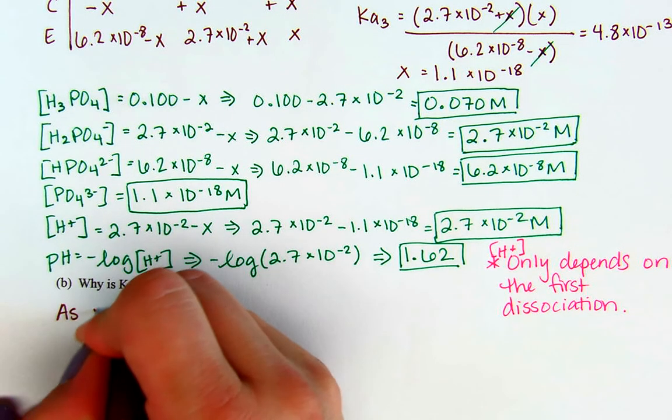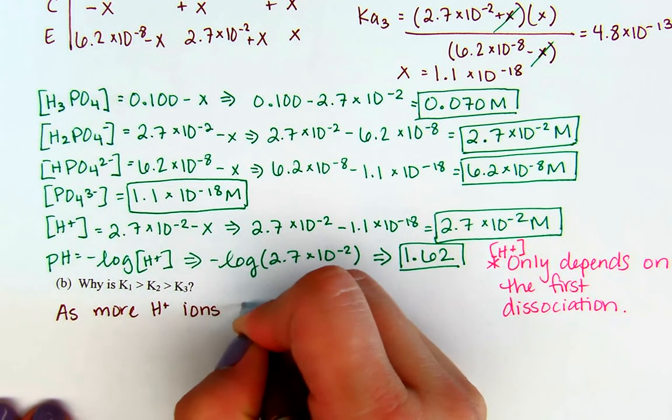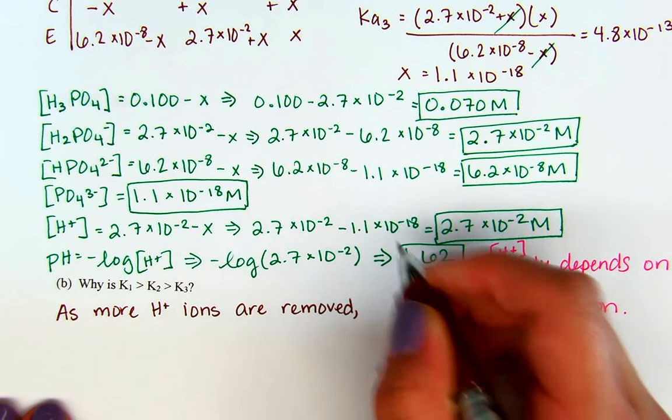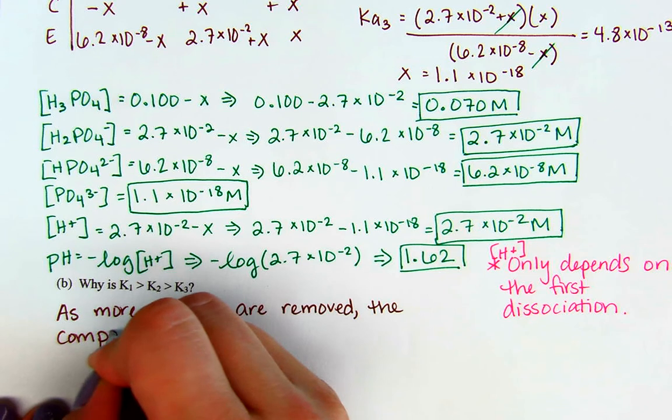So as more H plus ions are removed, the compound becomes more negative.